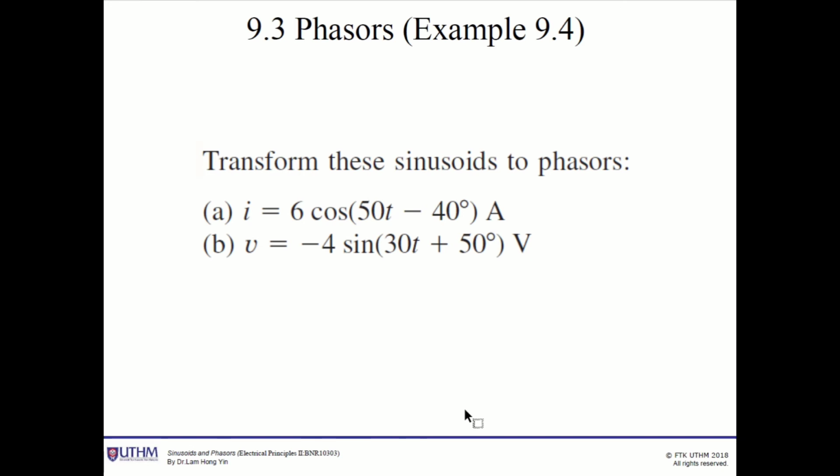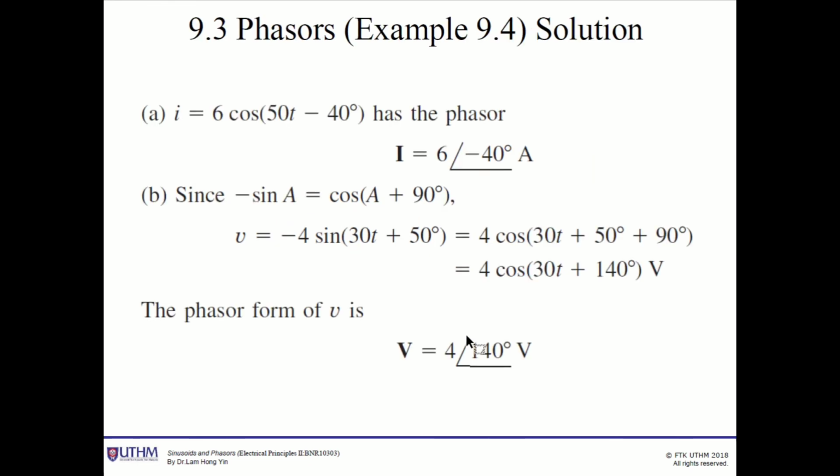So let's look into another example. We look at this: i equal to 6 cos(50t minus 40 degree) A. So this is the current equation for the time domain representation. You need to transform it to phasor.